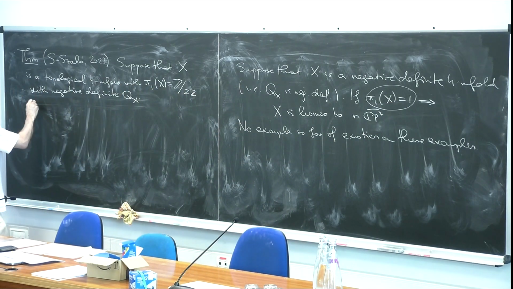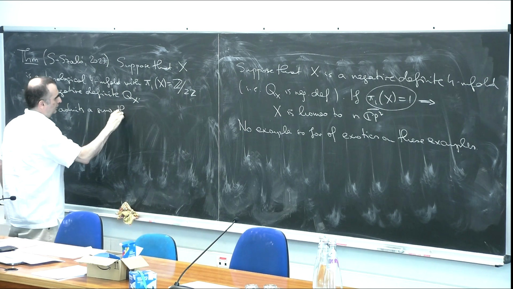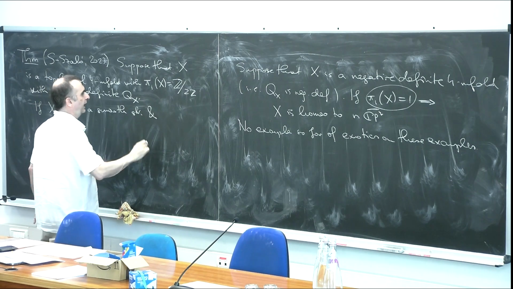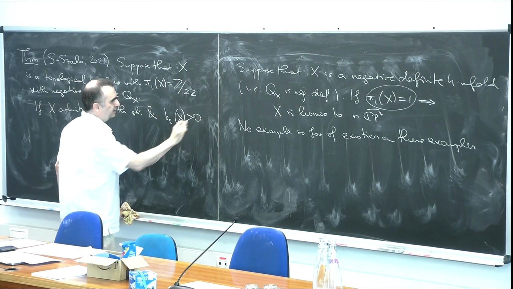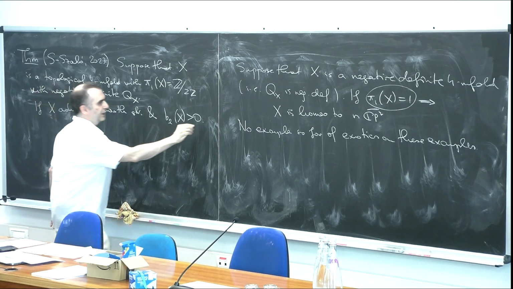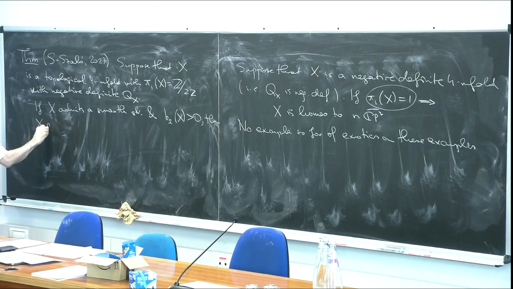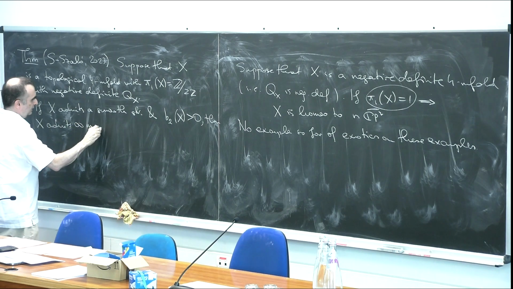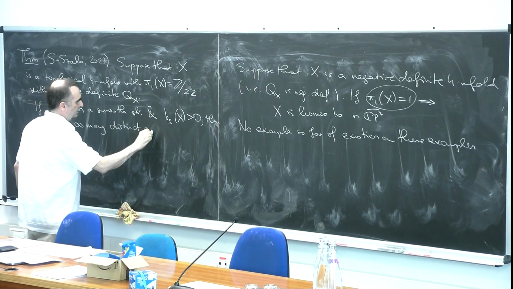And then the statement is that if X admits a smooth structure, and there is an annoying assumption that the second Betti number is positive, then X admits infinitely many distinct smooth structures.